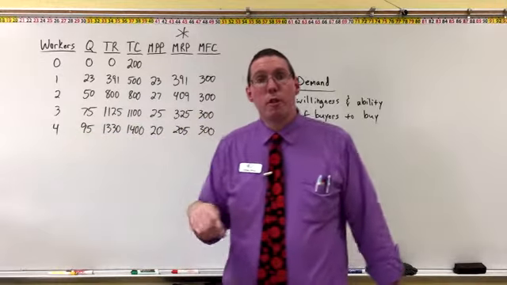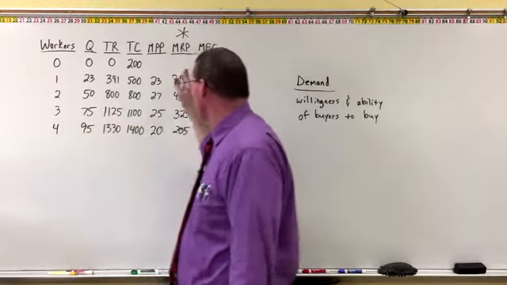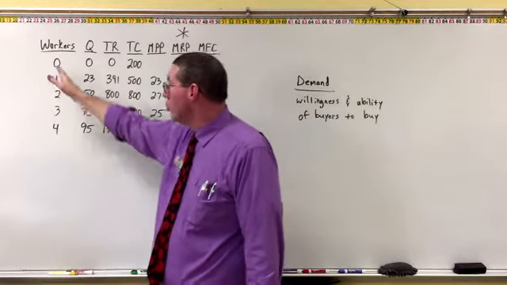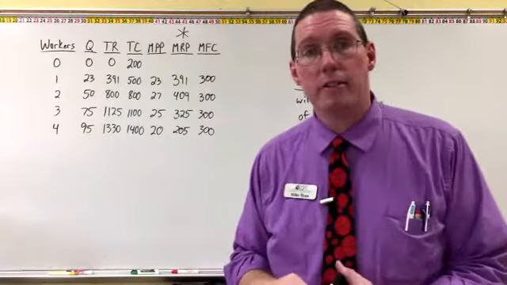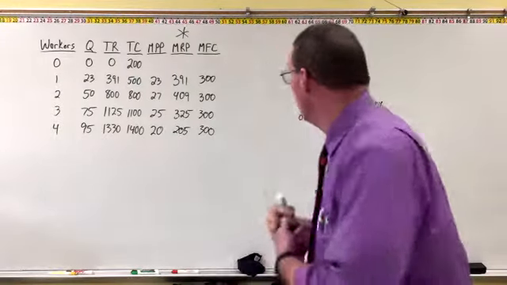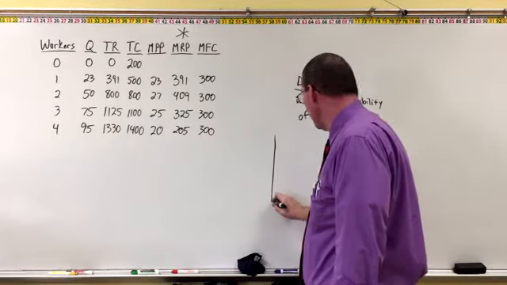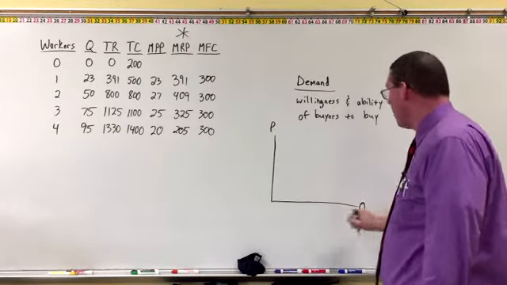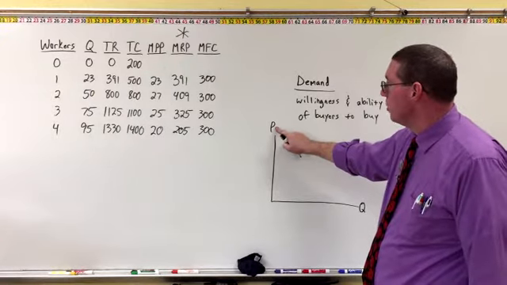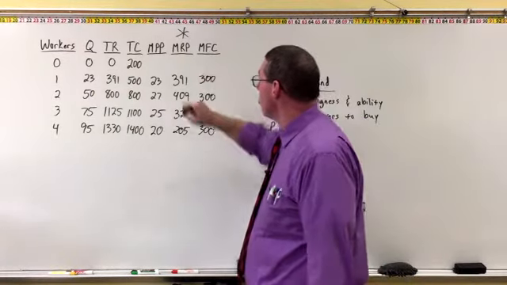And so the relationship between price, what you're willing to pay, and quantity, when that's a negative relationship, we're talking about a demand curve. And so the demand curve in the labor market really is, this is the labor market, price and quantity. And remember, the price that a business is willing to pay is limited by the marginal revenue product.